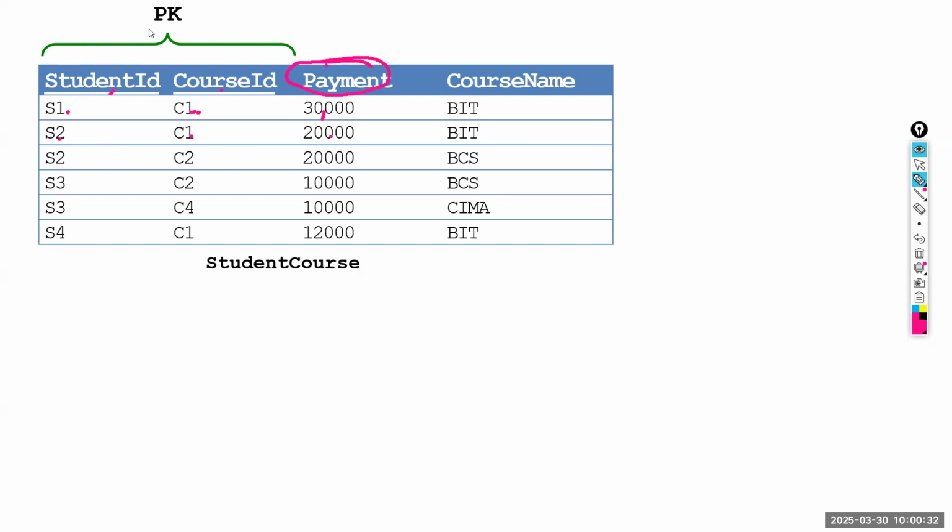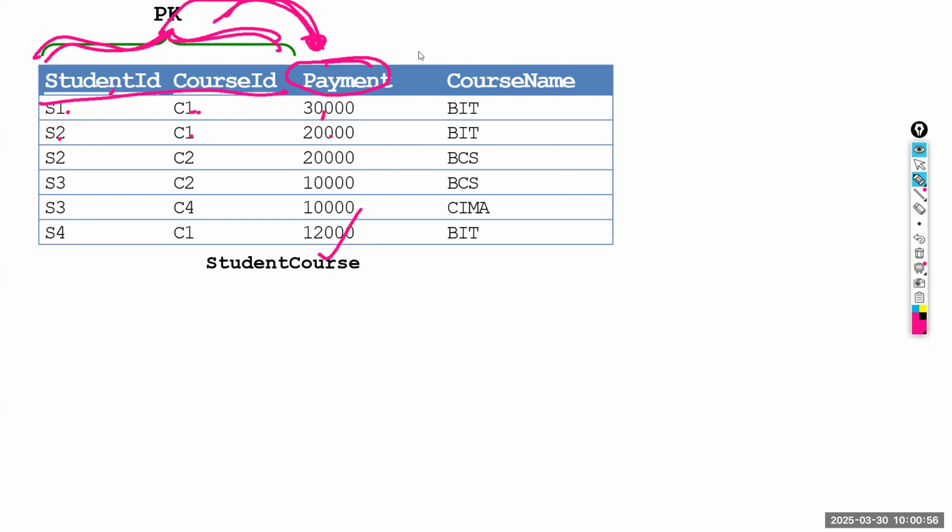That means this combination determines this, not an individual thing. So that is fine. It's not a partial dependency. It's a full dependency. This combination determines this, or this payment is for this combination. So therefore, this attribute has not violated second normal form.